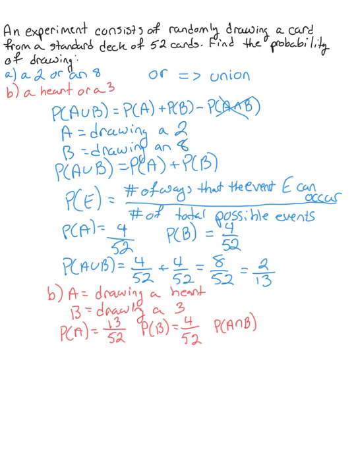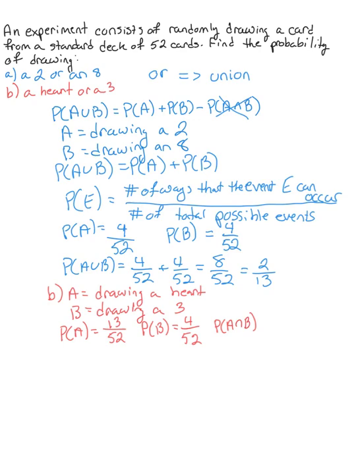So here we have to subtract the probability of drawing a heart and a 3 at the same time, because if we add up the probability of drawing a heart and the probability of drawing a 3, some of that probability is represented in both of them.